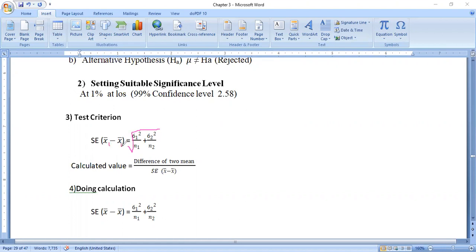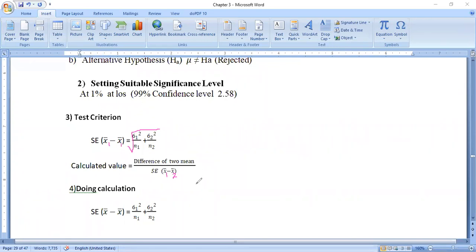The second one is the calculated value, which is equal to the difference of two means divided by the standard error of x bar 1 minus x bar 2. According to this, the standard deviation information is in the question, the mean information is also there, and N1 and N2 are also available. So we simply have to implement the formulas and the values.